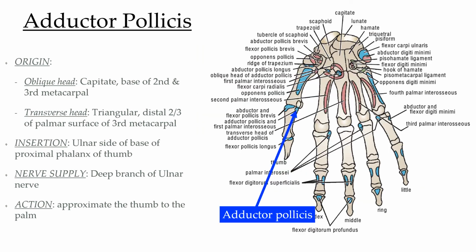The site of insertion of adductor pollicis is over the medial side, or the ulnar side, of the base of the proximal phalanx of the thumb. So this is the site of insertion. This muscle is responsible for adduction of the first digit, that is, it approximates the thumb to the palm.